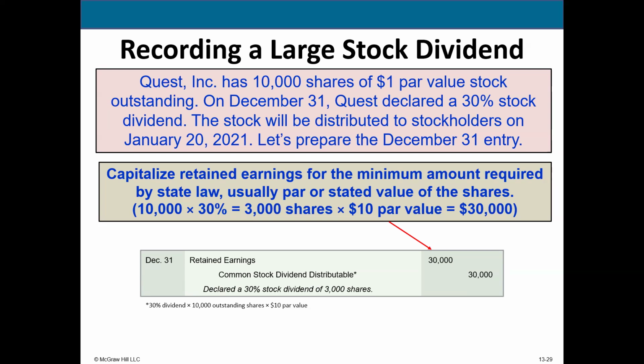So we take the 10,000 shares times the 30%, that's 3,000 shares at $10 par value, which equals $30,000 of common stock that will be distributed. So we debit retained earnings 30,000 and credit common stock dividend distributable 30,000.